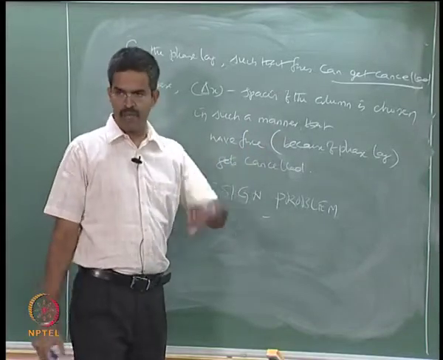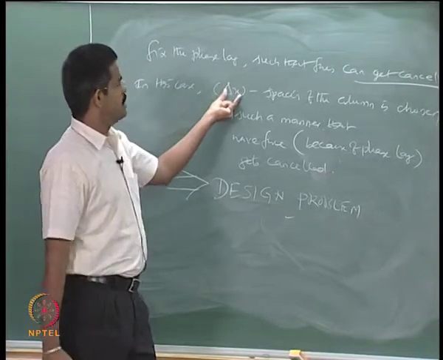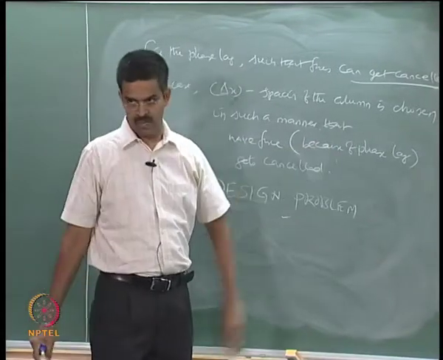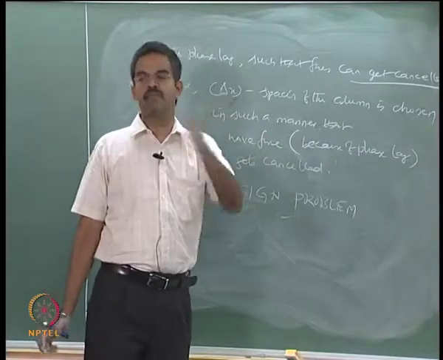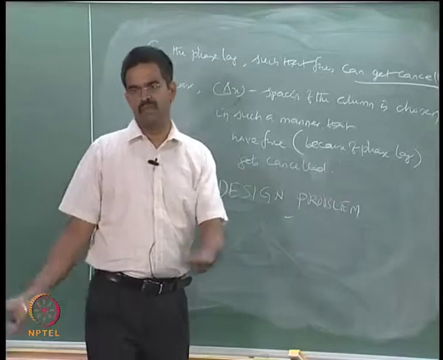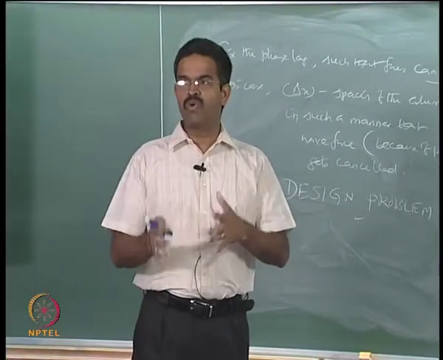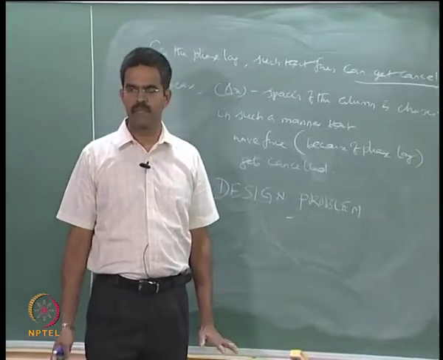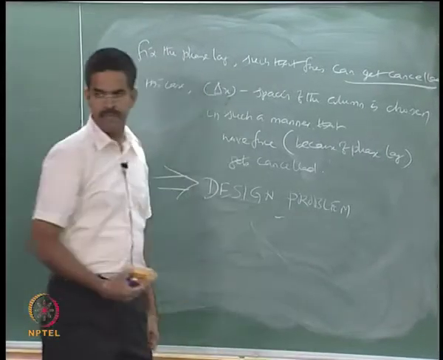For that wave period in a given sea state for the water depth, you can select the spatial difference of the member which will attract the wave forces in such a manner that the force on member 1 and member 3, for example, will get cancelled. So, that will cause net reduction of force on the structure. Is it clear?